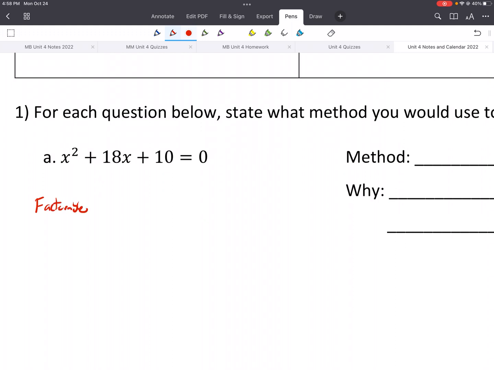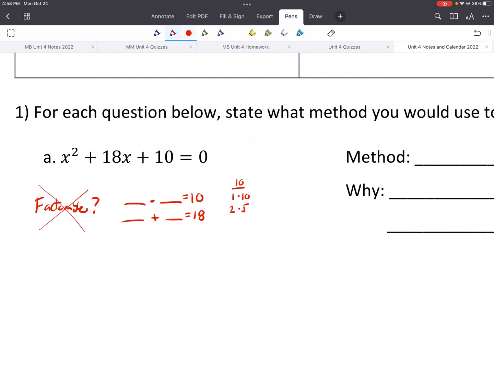If it is, then we'd need to figure out what two things multiply to 10 and add to give us 18. Think about that for a second. The only things that multiply to 10 are 1 and 10, and 2 and 5, and neither of those could add up to give us 18 no matter what. So this one is not factorable.